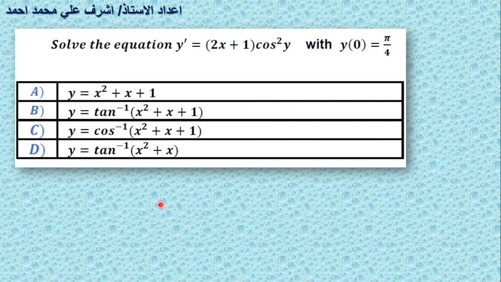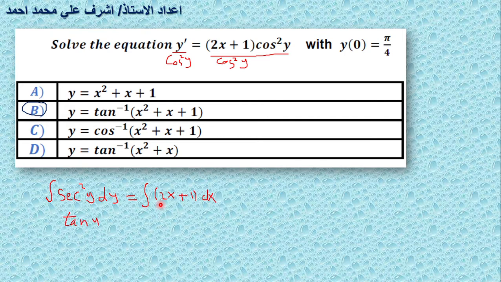Next question. Solve the equation y prime equals (2x plus 1) times cosine squared y, with y of 0 equal pi over 4. Now this differential equation, to solve it, we have to separate the function of y with dy and the function of x with dx.